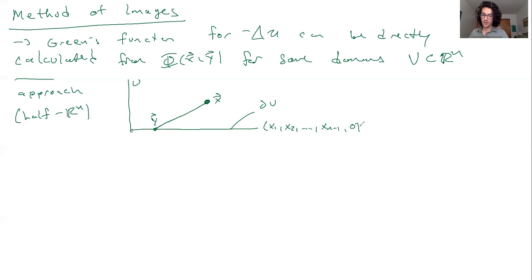The idea is, what is going to cancel out at this point? Because of the symmetry of our fundamental solution, if we had a fundamental solution centered at this point x tilde, then because our fundamental solutions usually just depend on the distance between x tilde and y, these two functions would have the same value at the boundary point and they would cancel out.